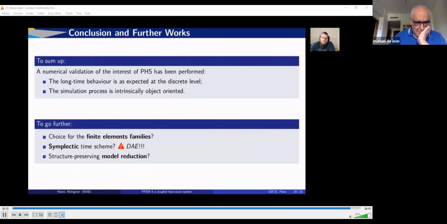We should also work on a symplectic time scheme, but the difficulty here is that the heat equation has an algebraic constraint, so we are in the case of a differential algebraic equation. And finally, since we are interested only in the power balance, we could look at structure-preserving model reduction to reduce the number of degrees of freedom inside the domain.